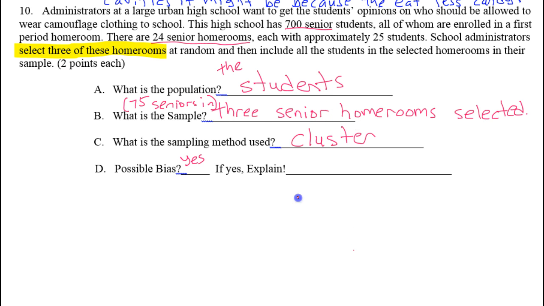Seniors, older students, for whatever reason, might feel differently than freshmen would. It's very possible. You just don't want to have one group of all one age when you really want to know about a variety of ages. So there you go. They only asked seniors when the population that they want to know about was all of the students, not just seniors. That was silly.